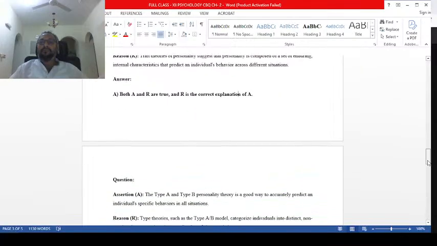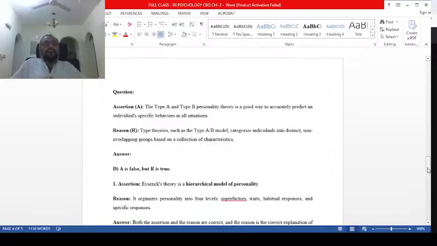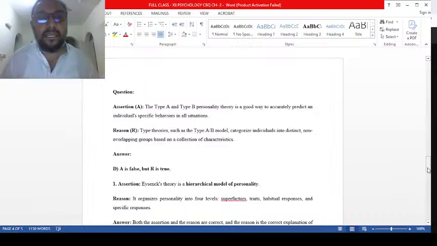Now let's move to another question. So we are going to the Type A and Type B theory of Rosenman and Friedman. Assertion: Type A and Type B personality theory is a good way to accurately predict an individual's specific behavior in all situations.